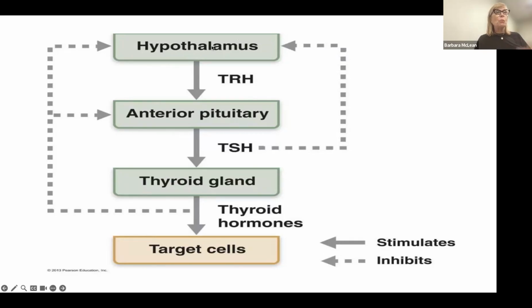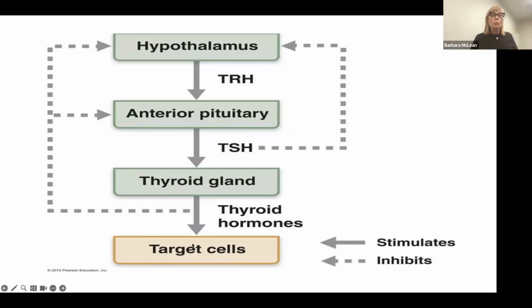The hypothalamus, when it recognizes that you're having a hypotensive response, a bradycardic response, will release thyrotropin releasing hormone that will stimulate the anterior pituitary, which will release thyroid stimulating hormone. The thyroid stimulating hormone will then target the end gland, the thyroid gland, and the thyroid gland will release the two major thyroid hormones. There's a lot of thyroid hormones, T4 and T3.